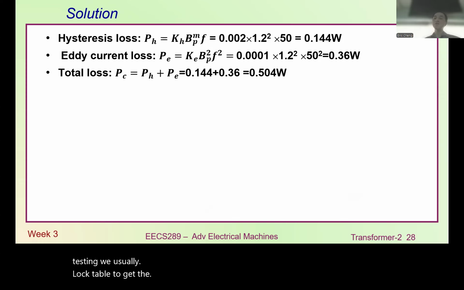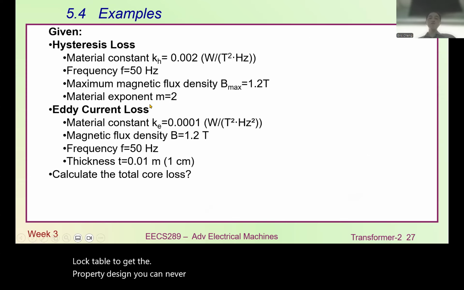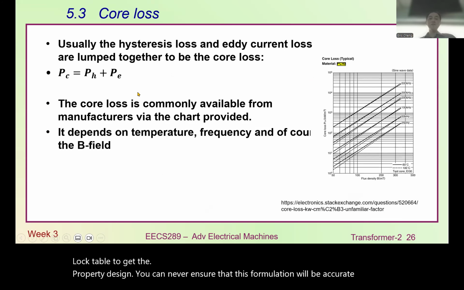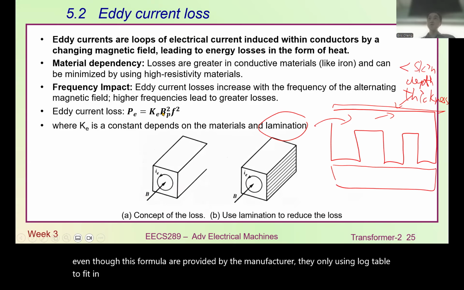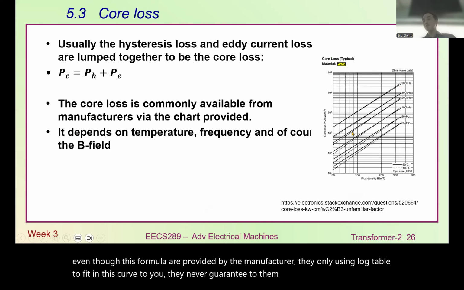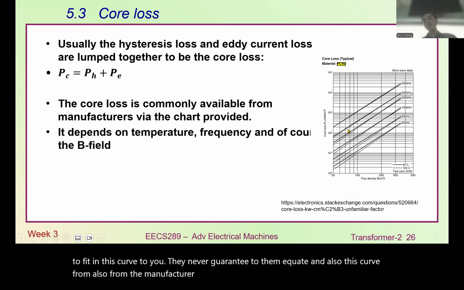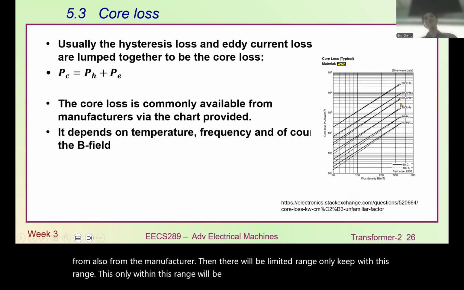We can never ensure that this formulation will be accurate, because even though these formulas are provided by the manufacturer, they are only using a log table to fit this curve for you. They never guarantee to be accurate. Also, this curve from the manufacturer has a limited range; it only gives you this range. It is only reliable within this range because they did the measurement.